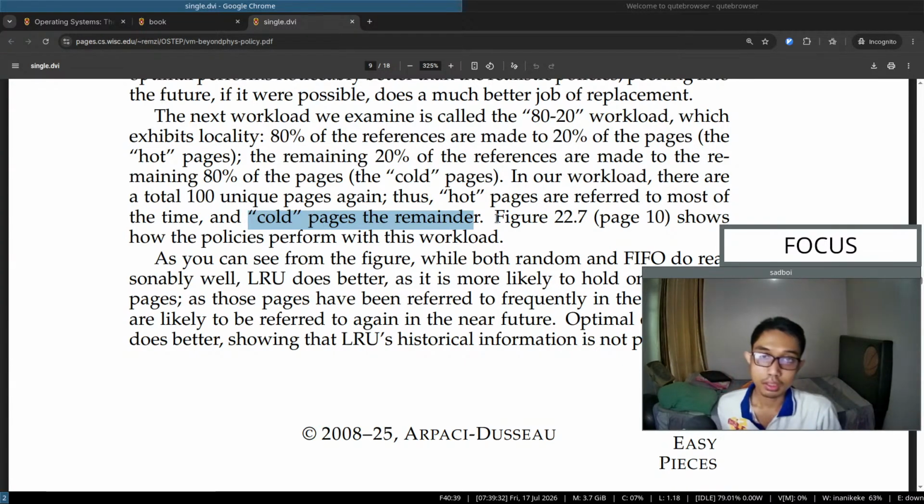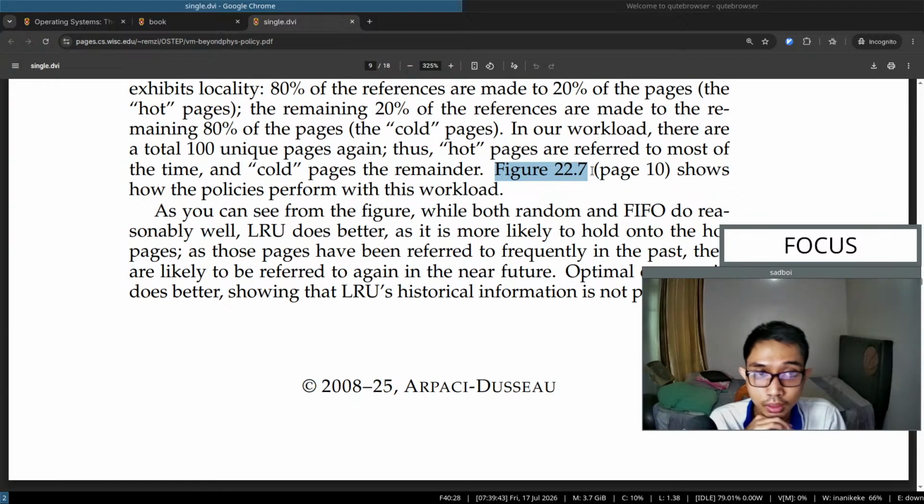Figure 22.7 shows how the policies perform with this workload.